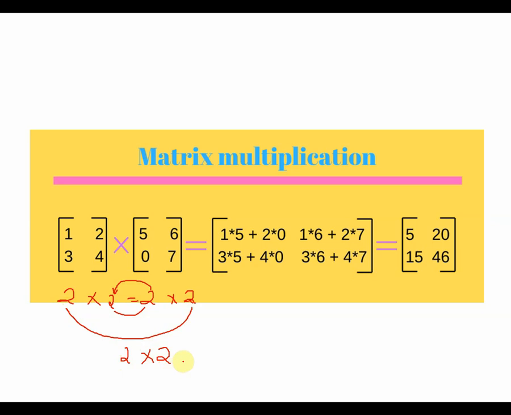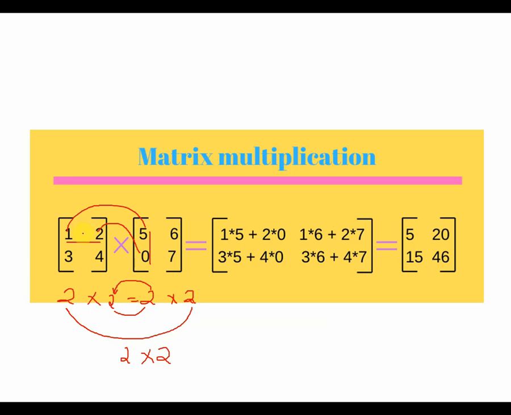So how do we actually perform the matrix multiplication? Let us see with this example. You have to remember, you have to multiply the first row with the first column. What I mean by this is, you have to multiply 1 with 5, plus, what I mean by sum is plus this into this.